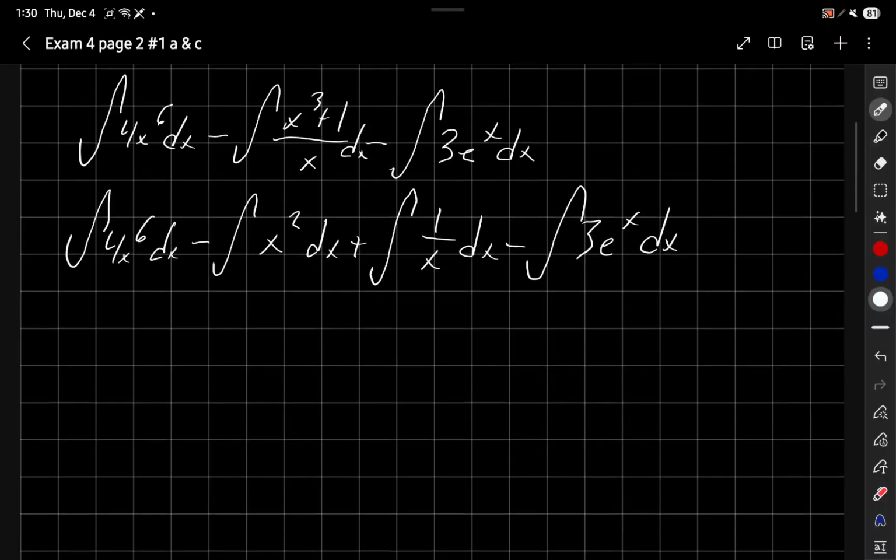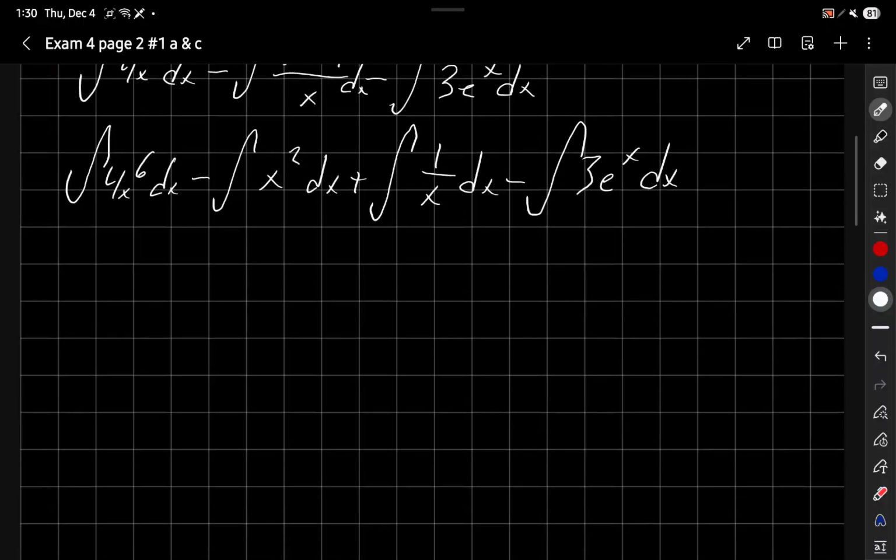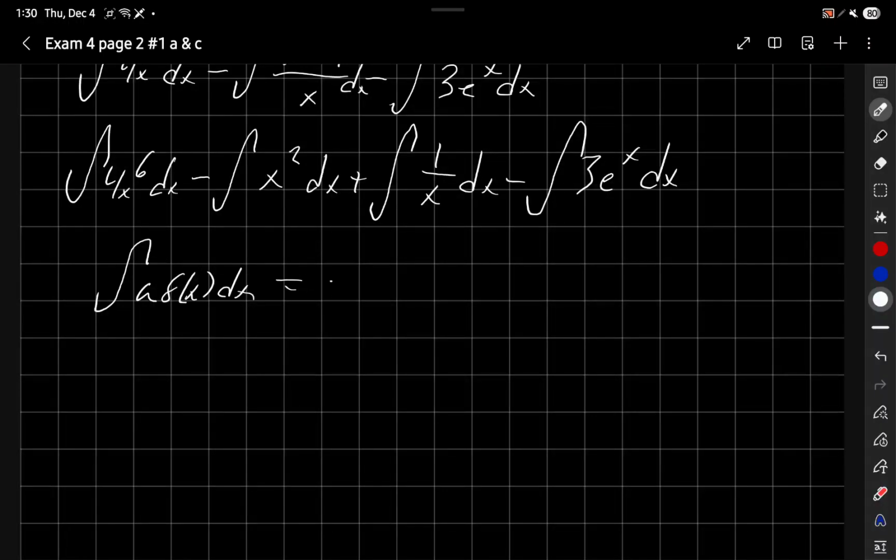So now we're going to do the constant rule for integrals, which just states that the integral of a times f of x is equal to a times the integral of f of x.